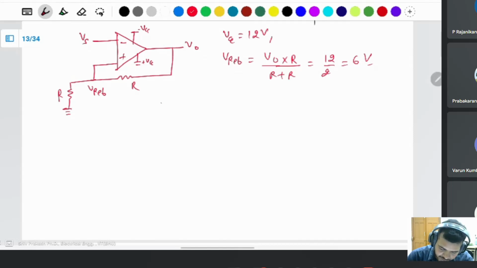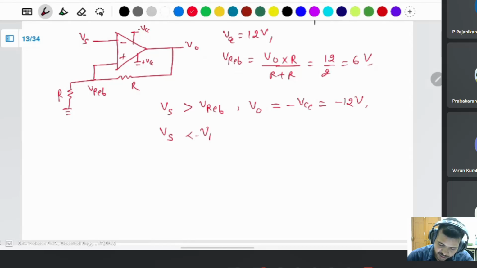It means if Vs is greater than the V reference, then output voltage is equal to minus VCC, which will be minus 12 volt. If Vs is less than minus V reference, then output voltage is plus VCC, and it will be plus 12 volt.